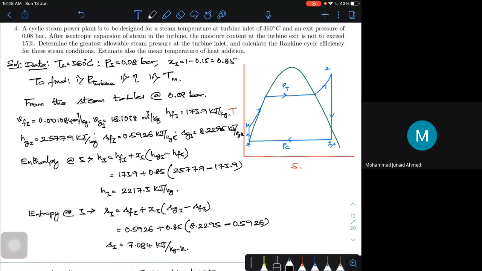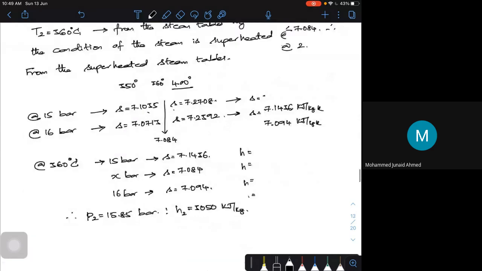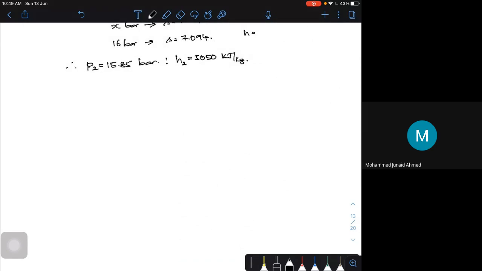Then how do we calculate H1? I can calculate it the same way: V4 into P high minus P low is equal to H1 minus H4. If I do that, I'll get the value of H1. So H4 is equal to HF at 0.08 bar, which is 173.9 kilojoules per kg.